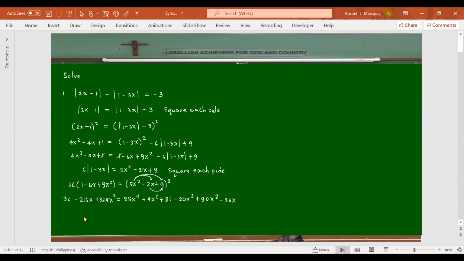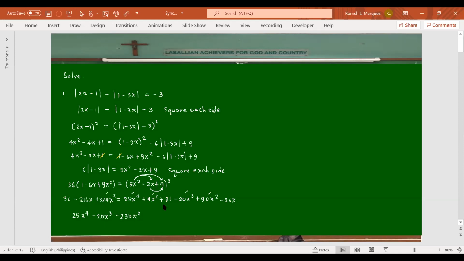So let's simplify. x to the 4th times 25. Transpose everything on the right side. Followed by negative 20x cubed. So we're done with this. Next, 90x squared plus 4x squared, that is 94, minus 324, negative 230x squared.